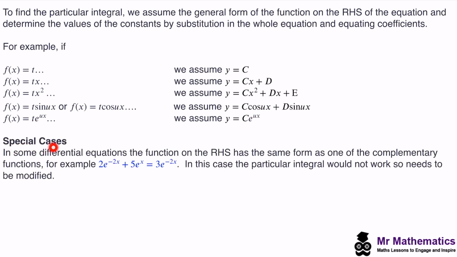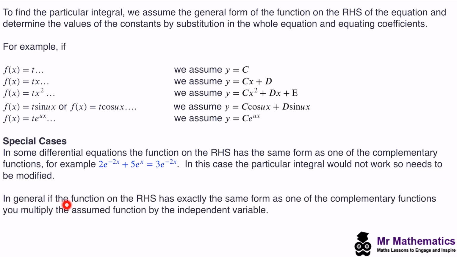And there are special cases. In some differential equations, the function on the right-hand side has the same form as one of the complementary functions. So for instance, if this is our complementary function, and this is the term on our right-hand side, you can see this e to the negative 2x appears on both. So in this case, the particular integral would not work, so it needs to be modified.